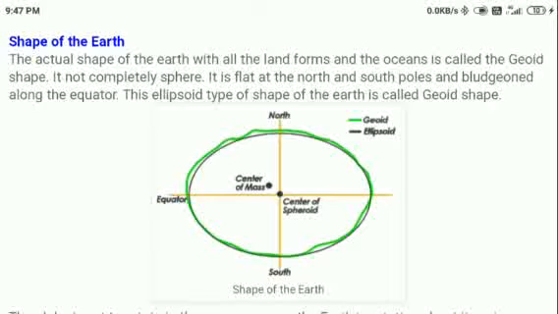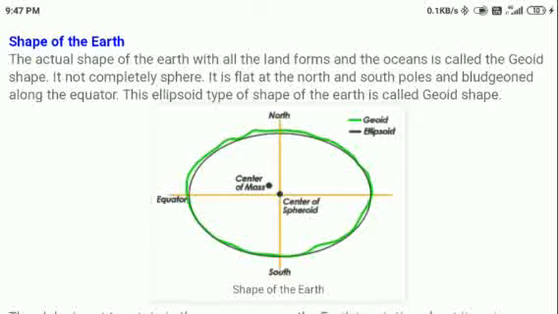That means it is not completely smooth. That is why we say that the actual shape of the earth is called geoid, and geoid is derived from the Greek word ge or geo, which means earth. So that is why the shape of the earth is called geoid shape.